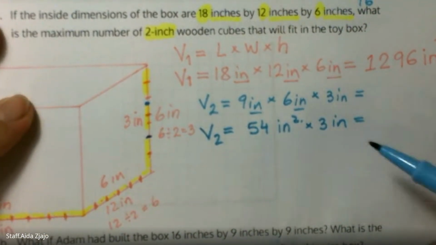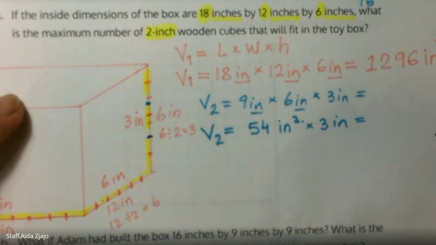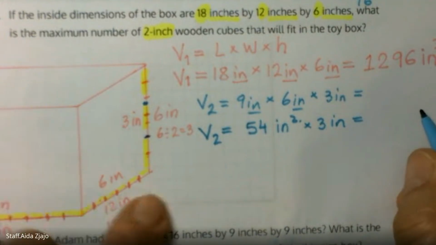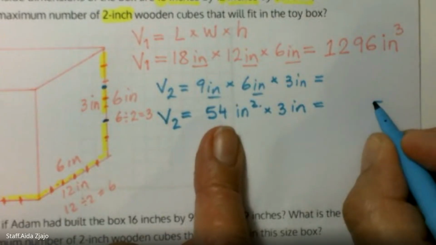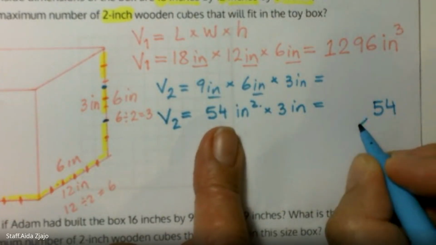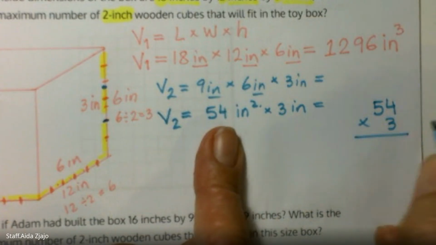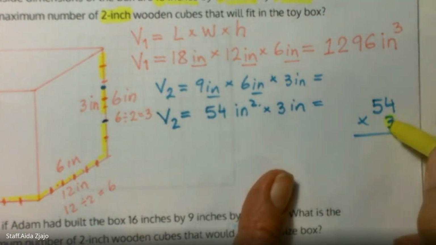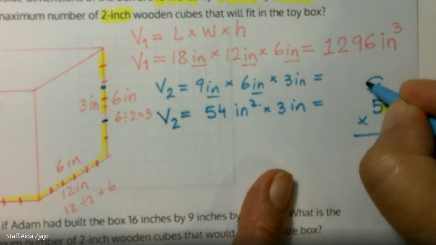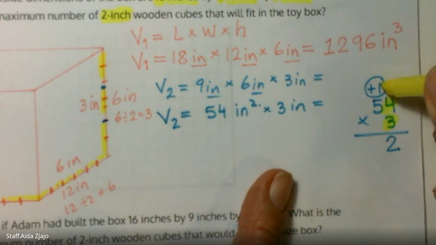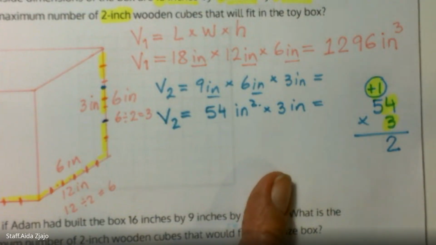And then we can use distributive property as well. We can do on the side, or we can do standard algorithm if you're comfortable with that. 54 times 3. So 3 ones times 4. 3 times 4 is 12. I remember 1. I circle and highlight so I don't forget what it is.